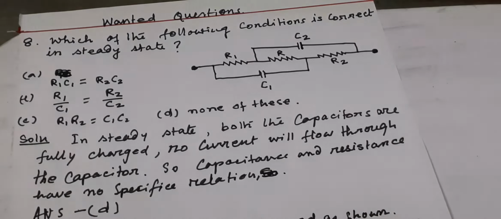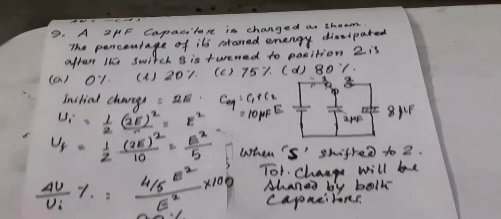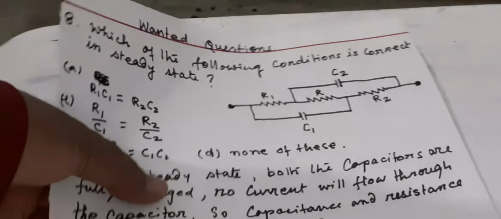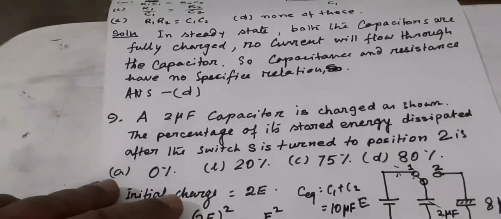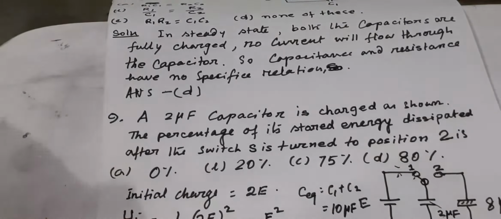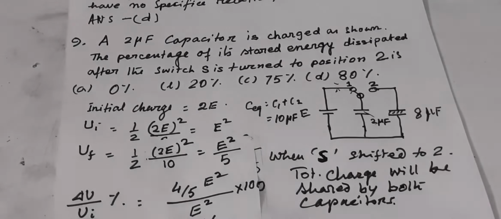That means the charge accumulated in the capacitor will be CV, that is C is 2 microfarad times E, the EMF, so twice E. Once the switch is shifted from 1 to 2, there are two capacitors, one of 8 microfarad and another of 2 microfarad.